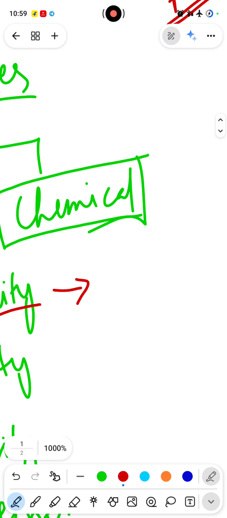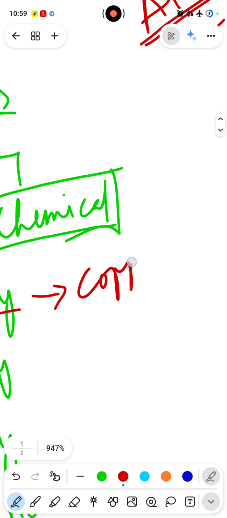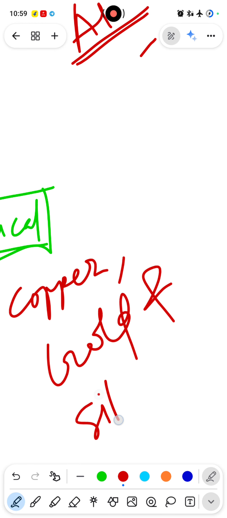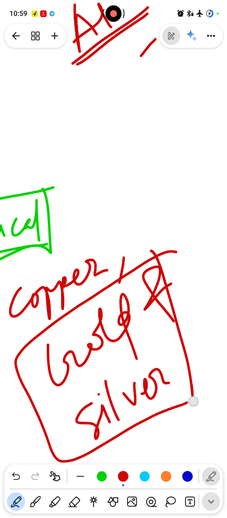So metals are generally malleable. For example, copper is a malleable thing. Actually, the best malleable substances are gold and silver, and we actually see them in daily life.